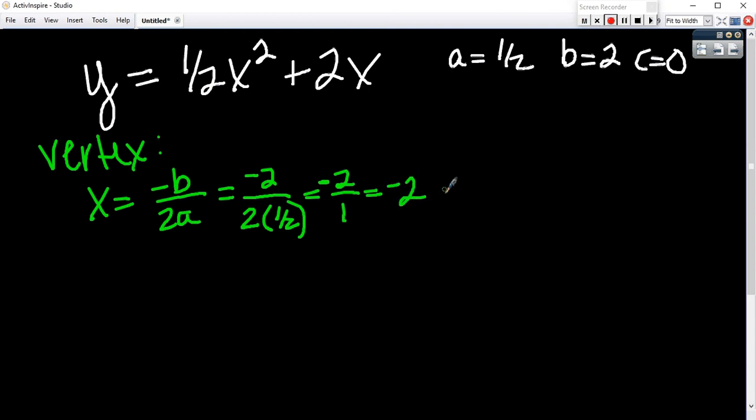Everybody with me on that? Just plugged into that little formula. Where'd I lose you? All right, so I took my A, my B, and my C up here. Opposite B over 2 times A. A is a half. So 2 times a half is 1. Half of 2 is 1. And then the -2 up top. Okay, so that's my axis of symmetry.